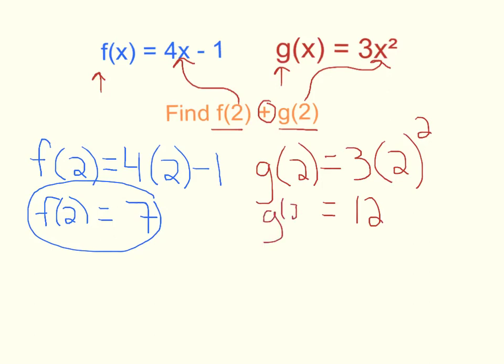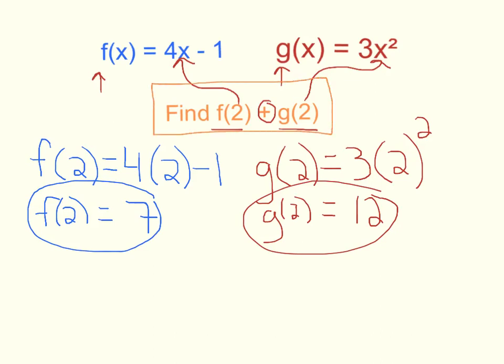So g of 2 equals 12. Going back to the original question though, we want to find f of 2 plus g of 2. So all we're really doing is 7 plus 12, which equals 19.